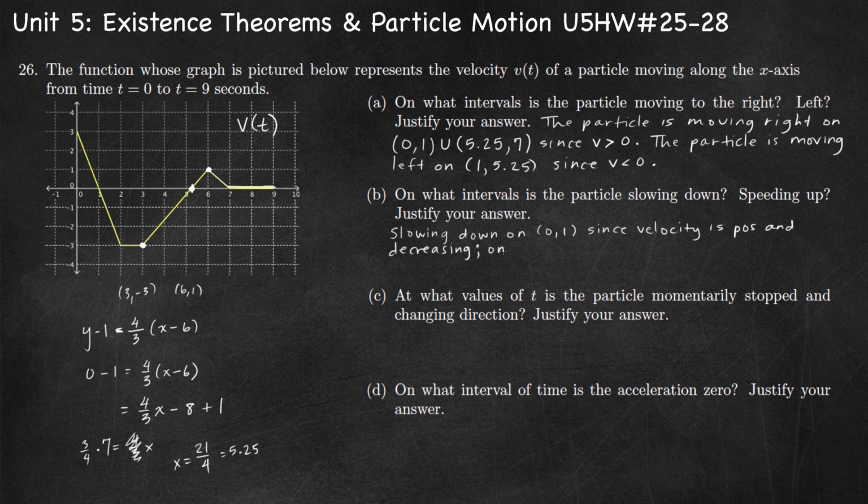And then on the interval from 3 to 5.25, since velocity is negative and increasing. Negative and increasing. And then I think we had one more, 6 to 7. Okay, and then 6 to 7 since velocity is positive and decreasing.